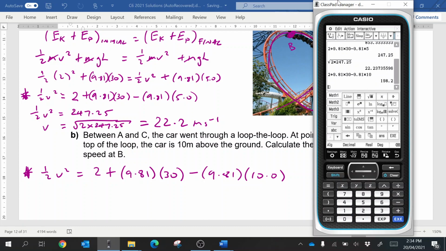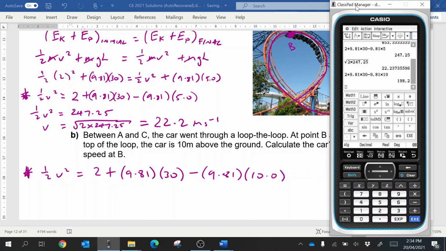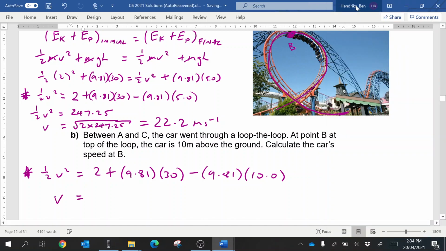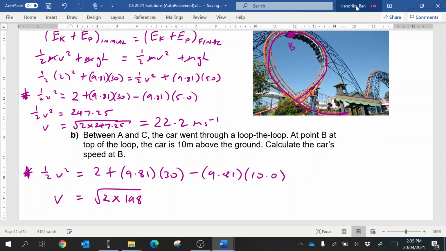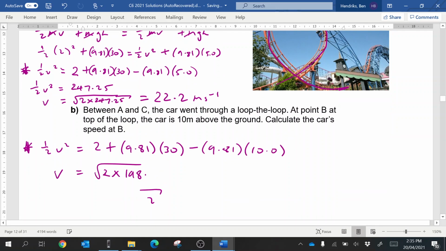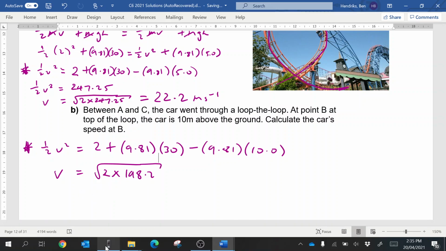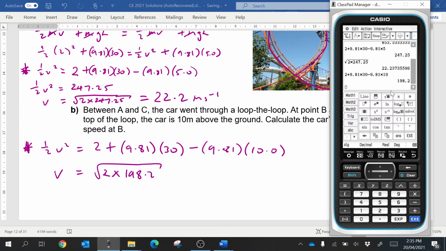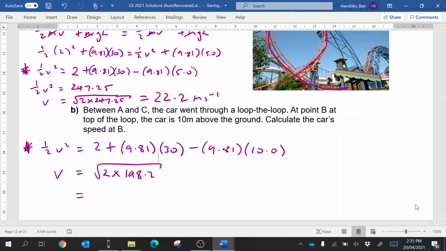So this time it's 198.2, which means that v equals the square root of 2 times 198.2. I'm doing quite a few steps at once, being a bit quick. Seems to have fixed it. The square root of 2 times 198.2 is equal to 19.9.